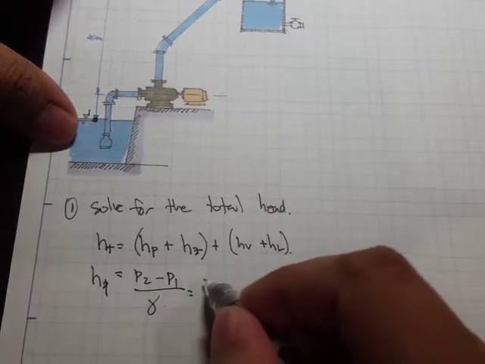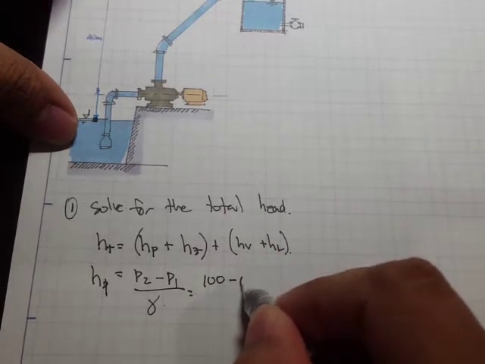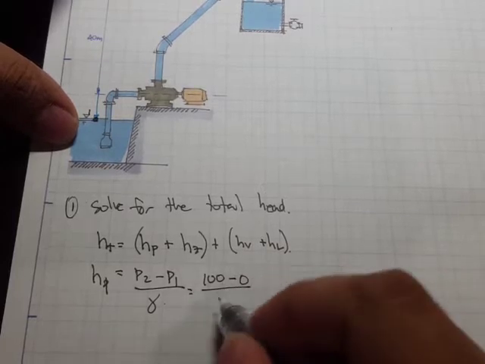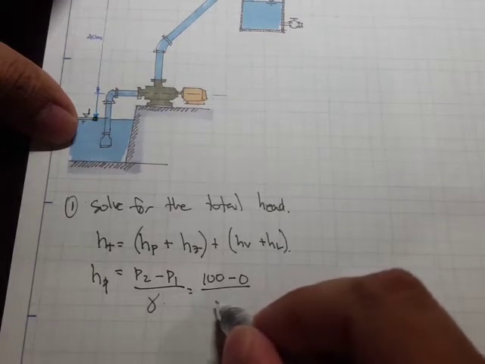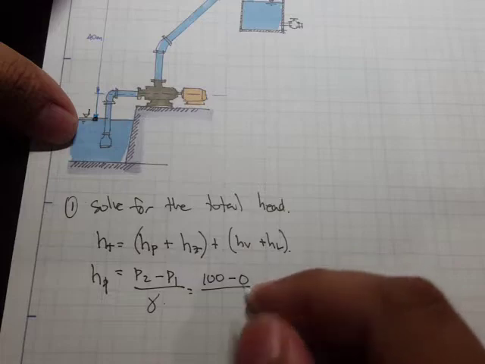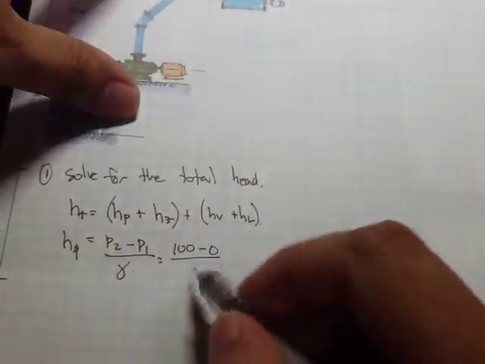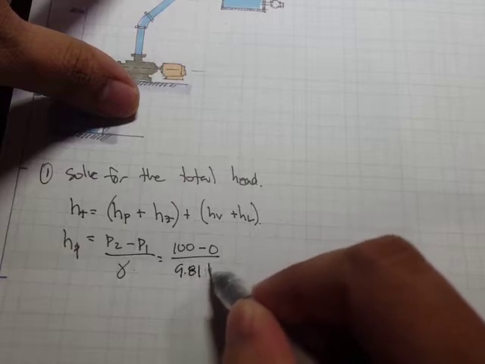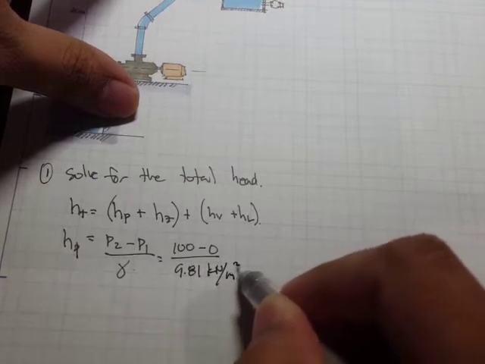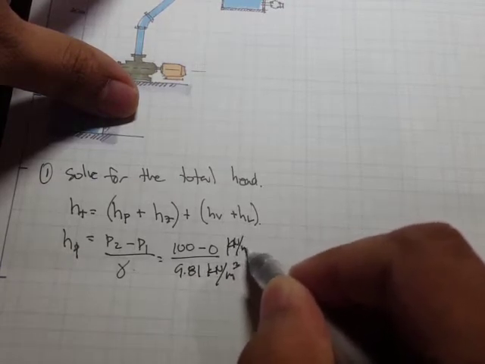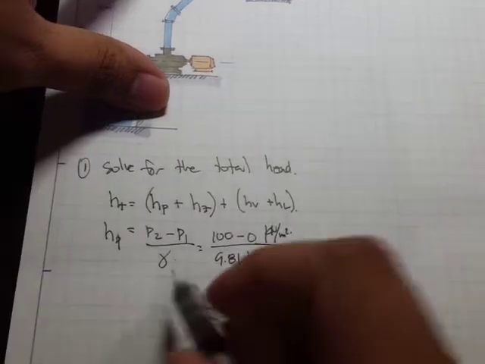This is 100 kPa, so 100 minus 0 divided by the unit weight of water, which is 9.81. Since this is kilopascals, then we'll use kilonewton per meter cube, 9.81 kilonewton per meter cube. This one is kilonewton per meter squared, because that's kilopascal.